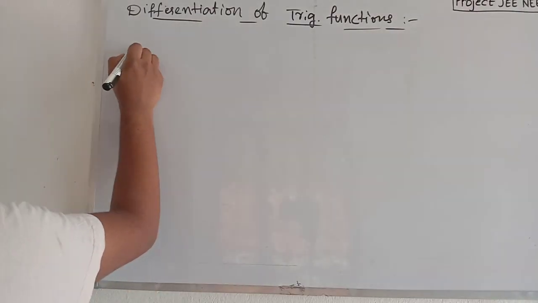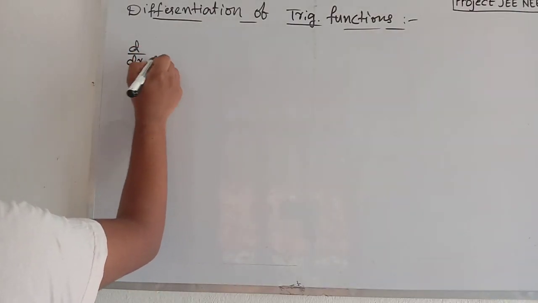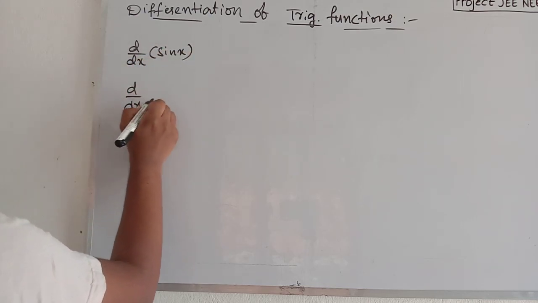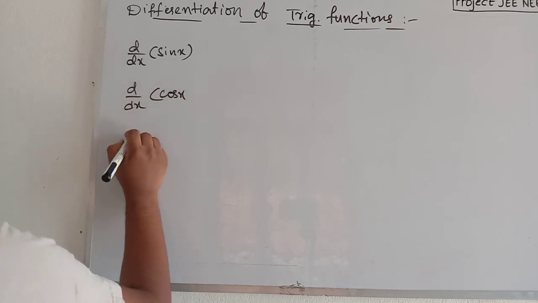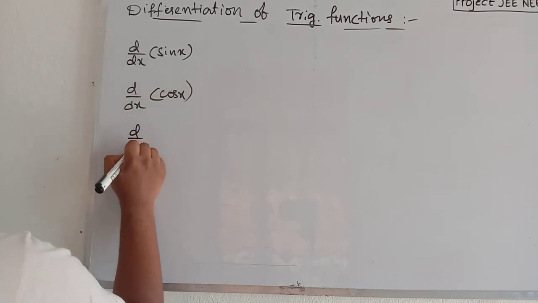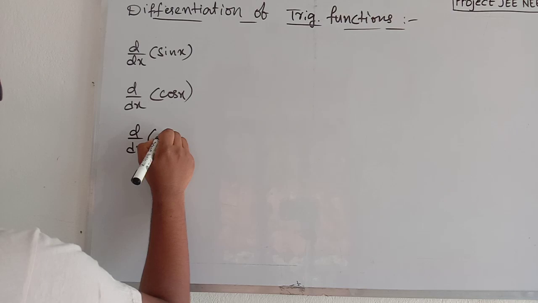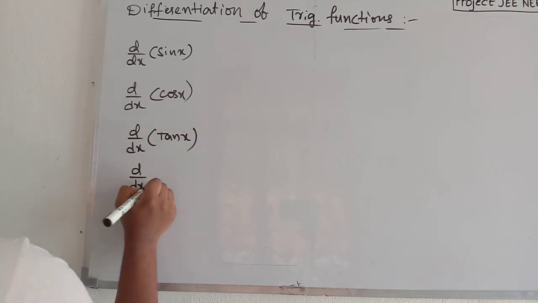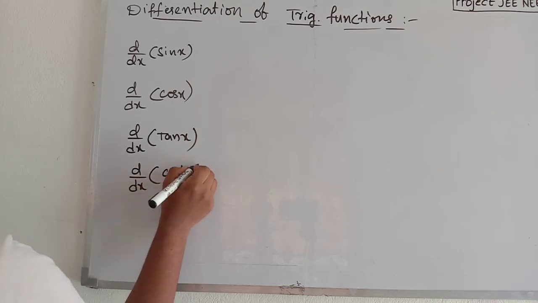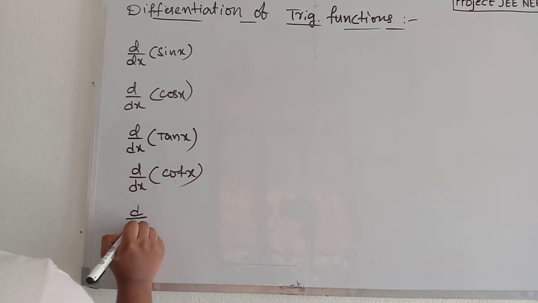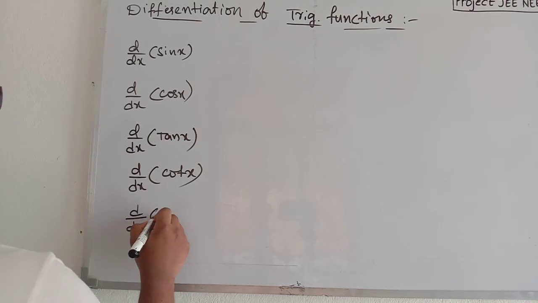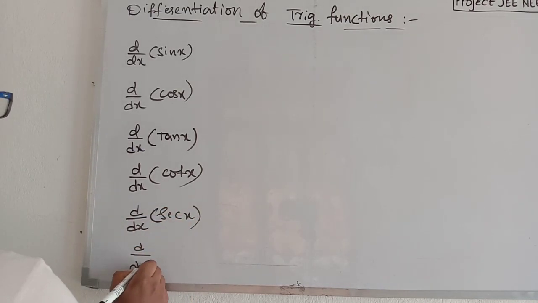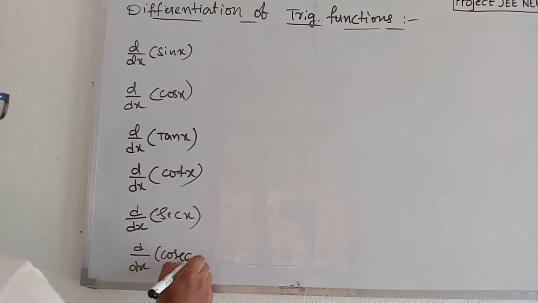So d by dx of sin x, d by dx of cos x, d by dx of tan x, d by dx of cot x, d by dx of secant x, finally d by dx of cosecant x.